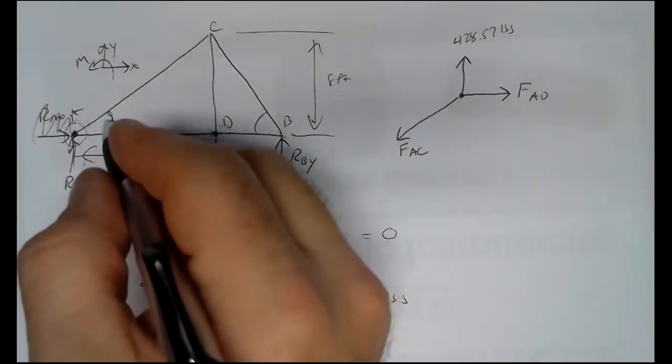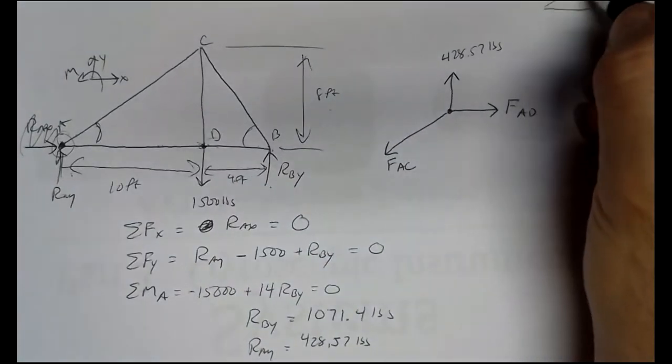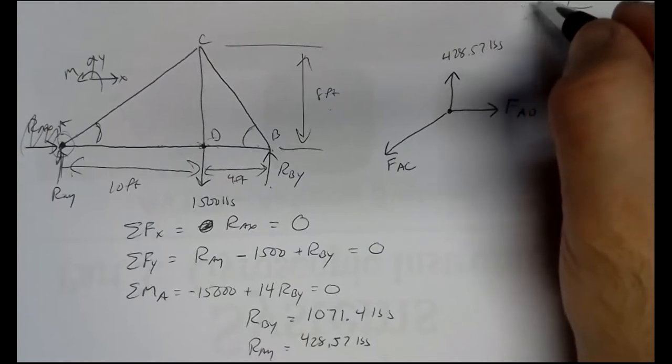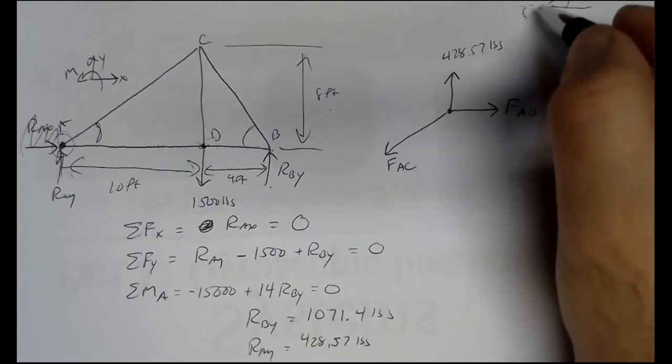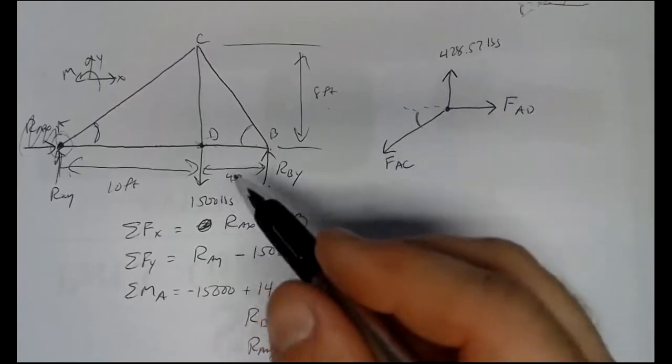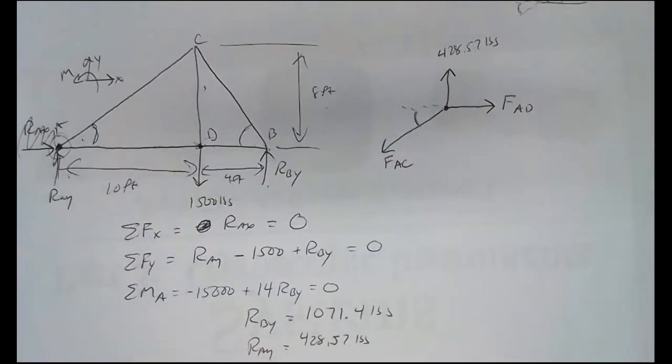I need my angle here, and sometimes it helps to sketch it out. It's getting a little messy over there. So I need that angle. That's my angle to horizontal. So it would be this angle here, and we can get it from inverse tangent of 8 feet over 10 feet.